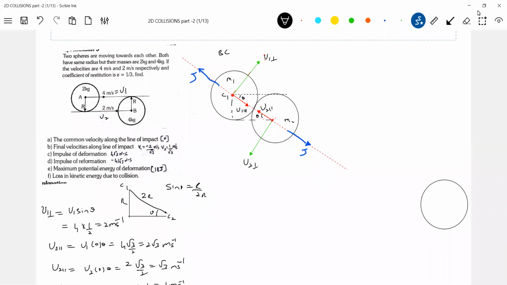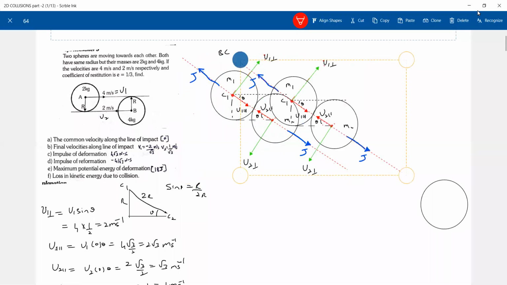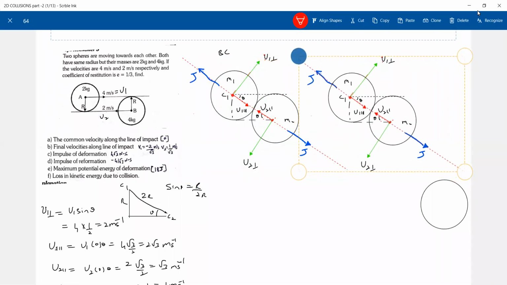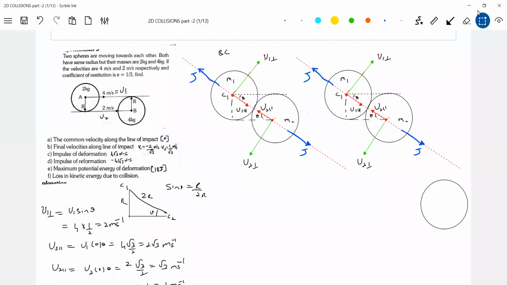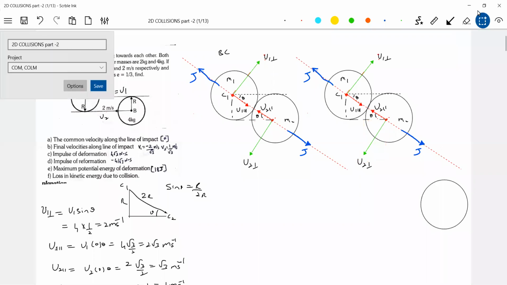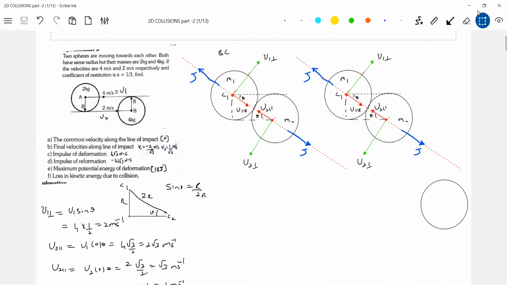So finally, after collision, we'll go for it. Same set of diagram. After collision, which component of velocities will change, and which component of velocities should not change?